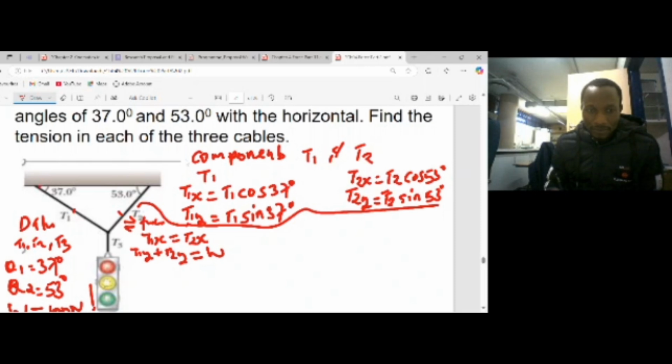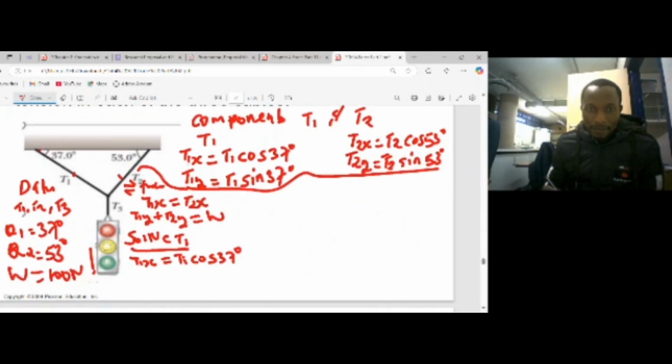So we can solve for T1. We see here T1x is equal to T1 cos 37 degrees. And then T1x is equal to T2x, and we know T2x is equal to the magnitude of T2 cos 53 degrees.